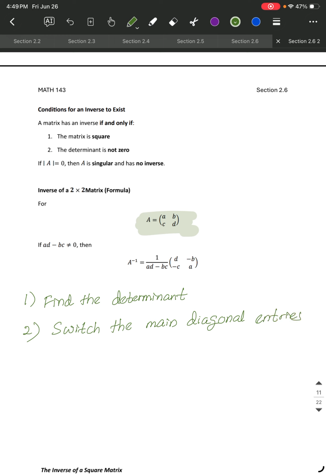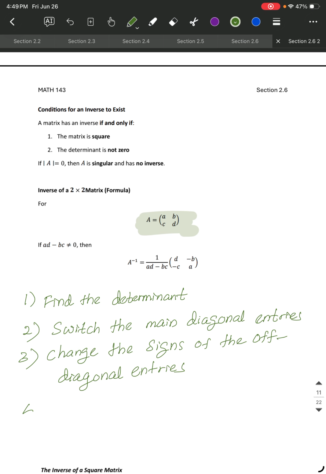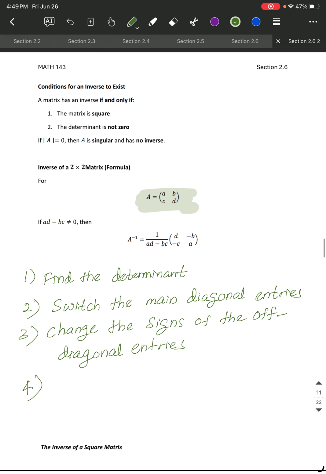Also, change the sign of the off diagonal entries. Finally, divide every entry by the determinant.